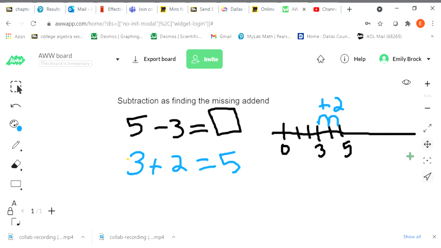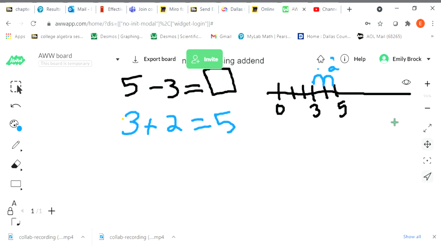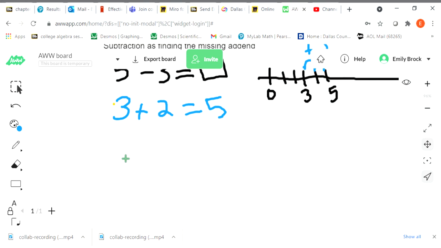But now, what if we have negative numbers? Let's start just by reversing the one we just did. What if we wanted to do 3 minus 5? So maybe you say, oh, I had $5 in my bank account, and now I have 3. What was added to it? So you say, okay, I had 5.